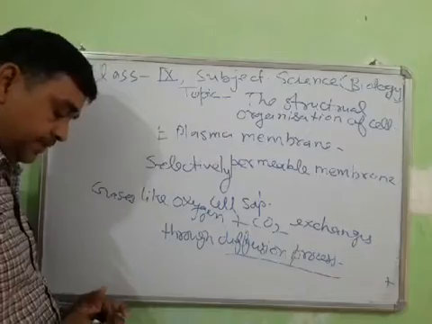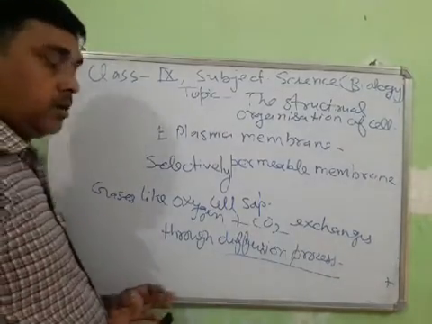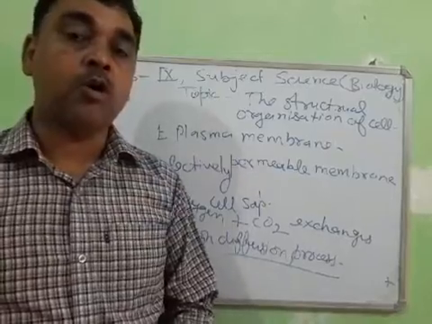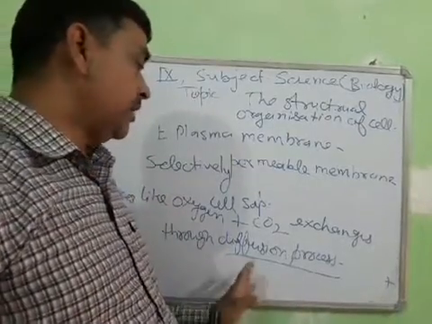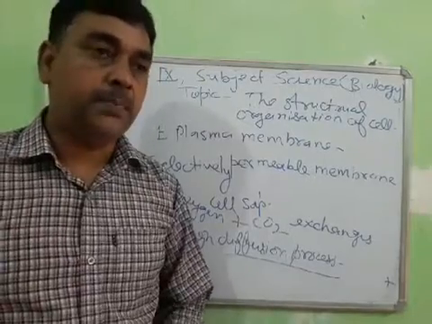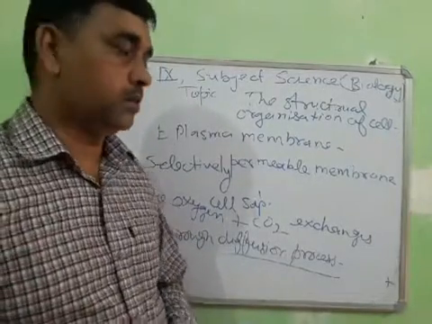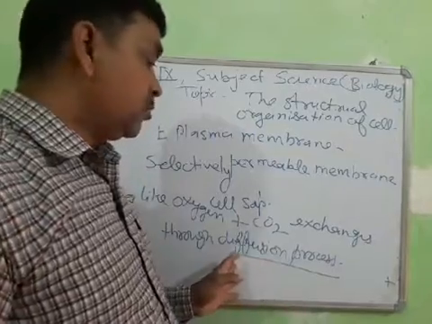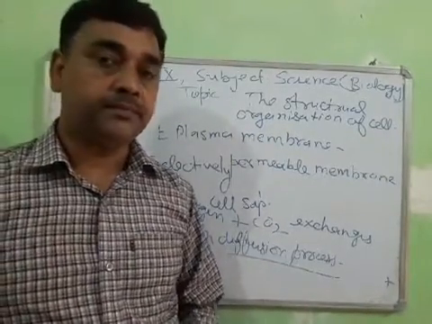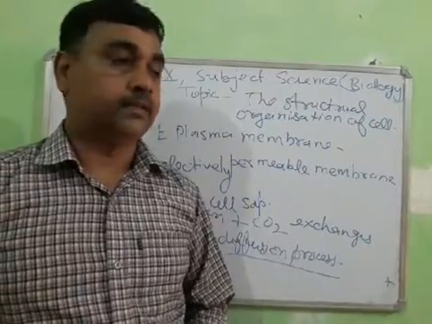So gases can be exchanged from inside to outside or outside to inside by diffusion. Diffusion is very important. Diffusion is not found in the dead cell. It is found only in the living cell.